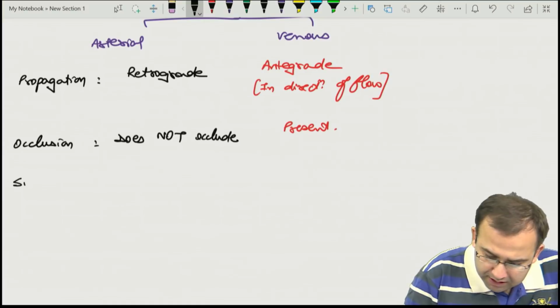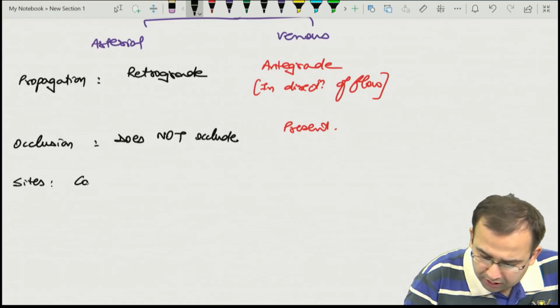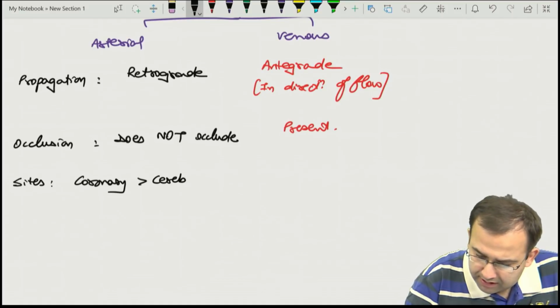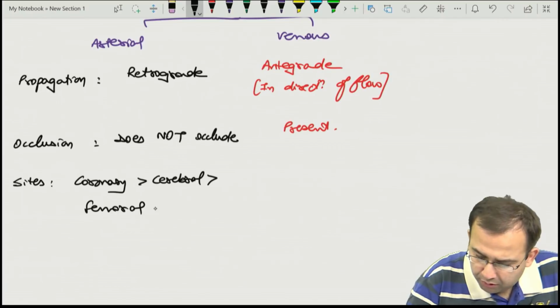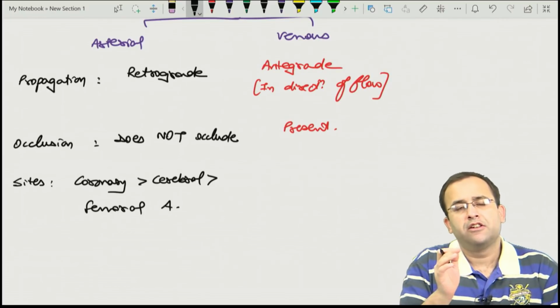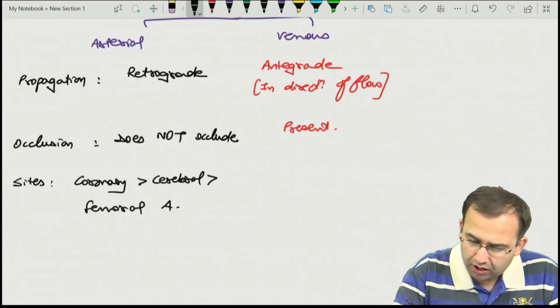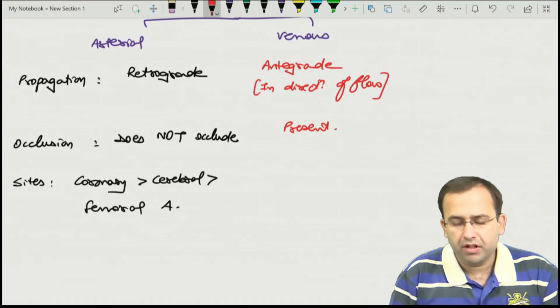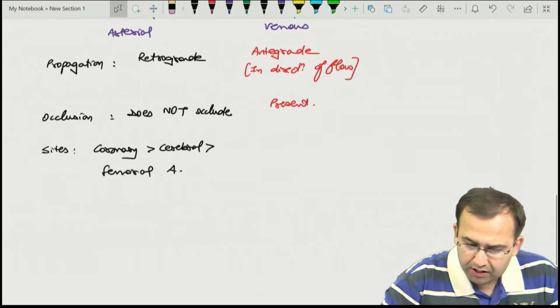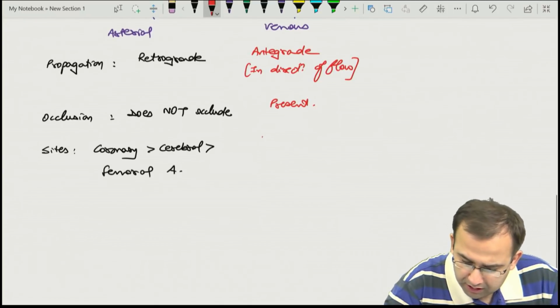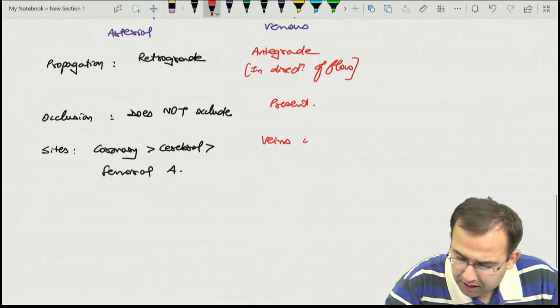The most common sites of arterial thrombus are the coronary vessels, followed by cerebral and femoral arteries, versus the venous thrombus, where the sites are more commonly the veins of the lower extremities.